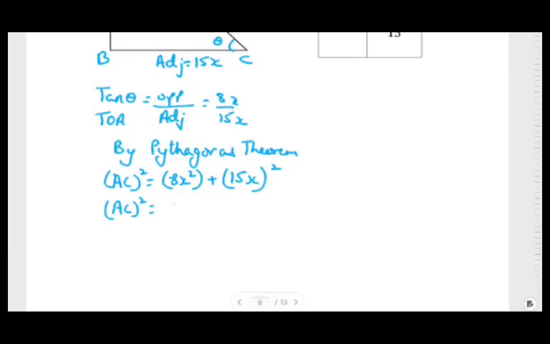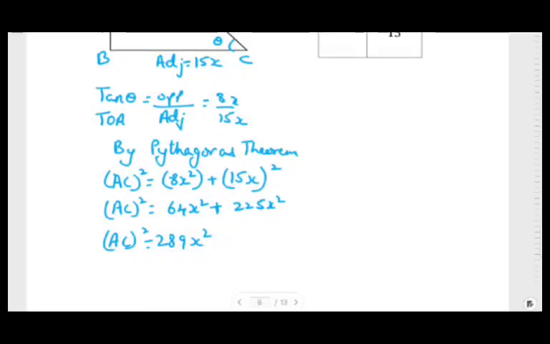AC the whole square is equal to 64x square plus 15 square is 225, which is 289x square.